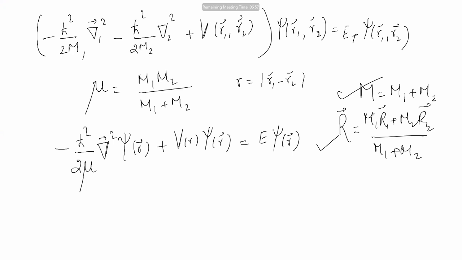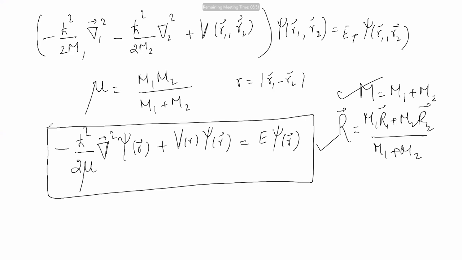Now the important point to be noticed is that any two-body problem in non-relativistic quantum mechanics can be reduced to a one-body problem, and if there is a one-body problem, then that can be exactly solved using differential equation methods.